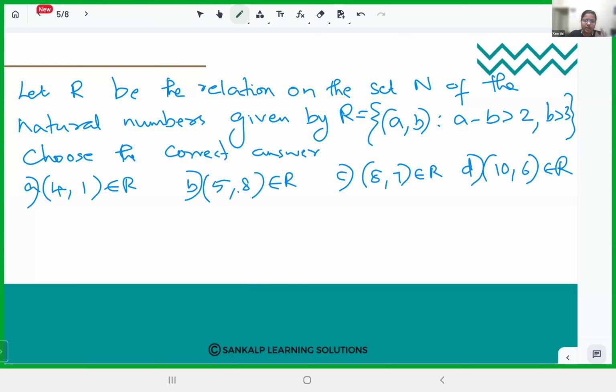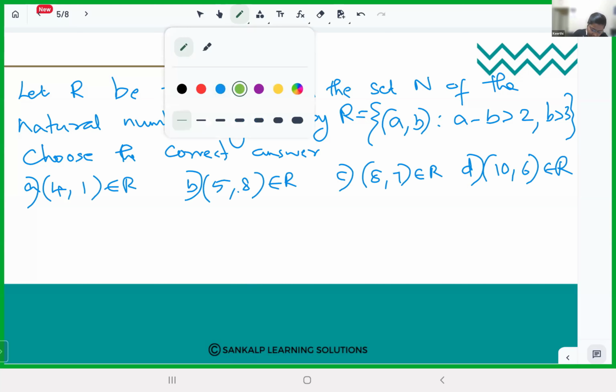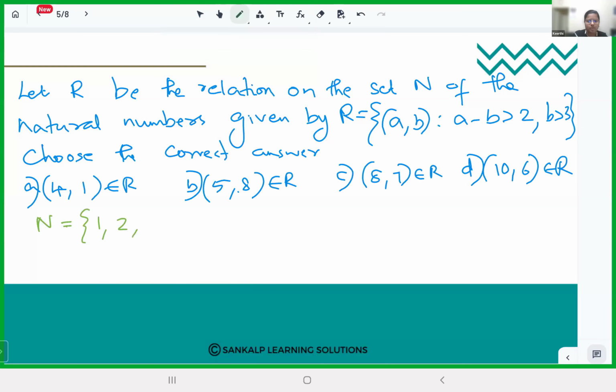So they are given a relation defined on the set N of natural numbers. What do we mean by natural numbers? Natural numbers start with 1: 1, 2, 3, and so on, going up to infinity. So this relation is defined on the set N and they are given the condition in roster form.